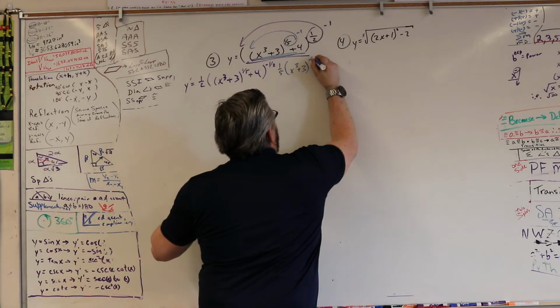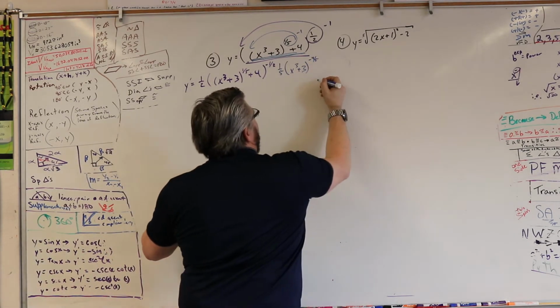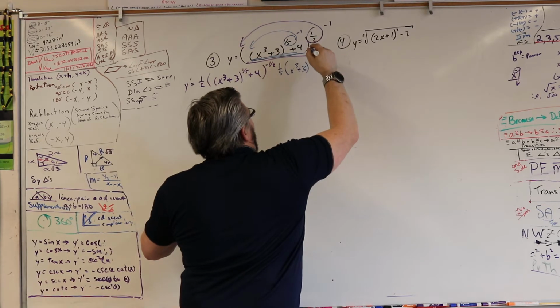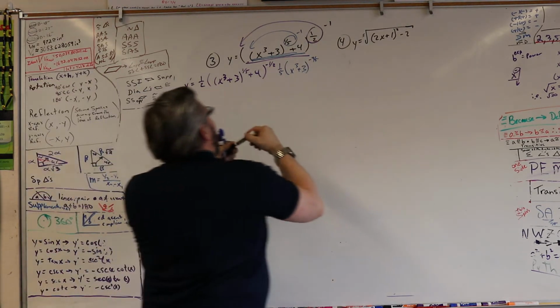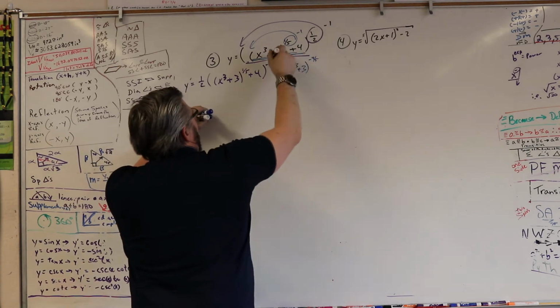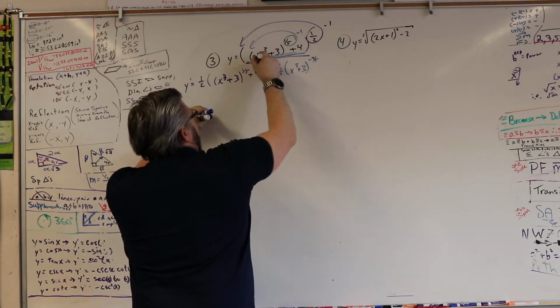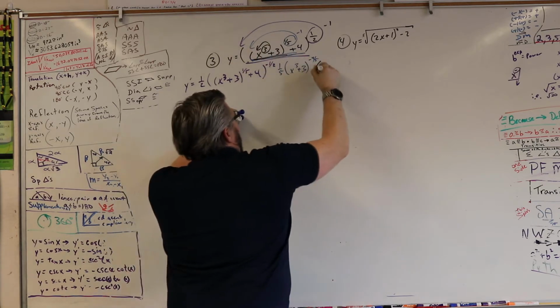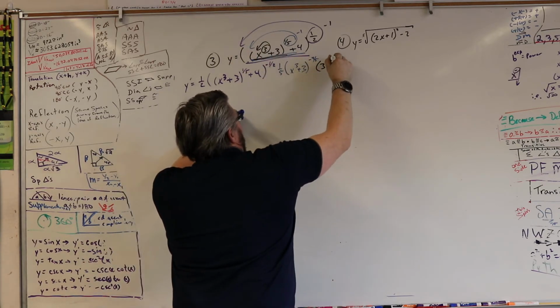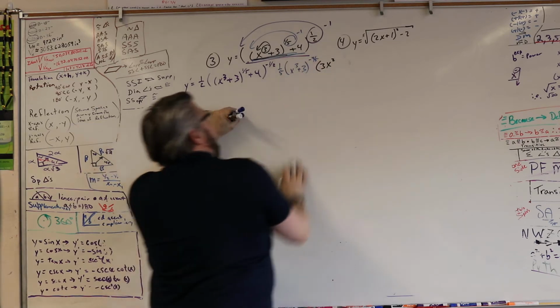So we get negative 4/5. Okay? So then we gotta do the inside, right? So now we're gonna do this one. So it's gonna go 3x squared. Okay?